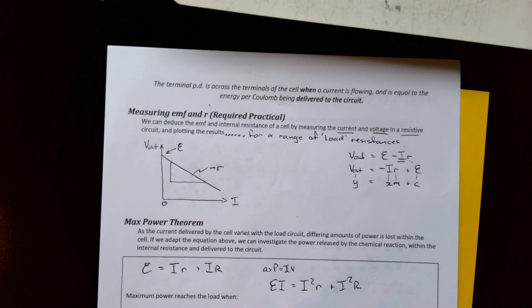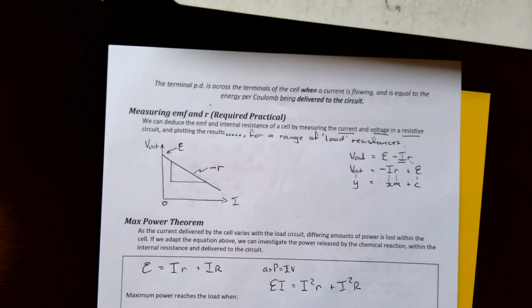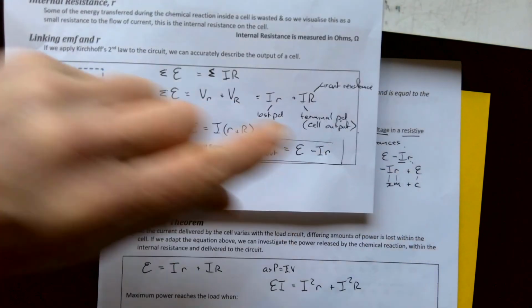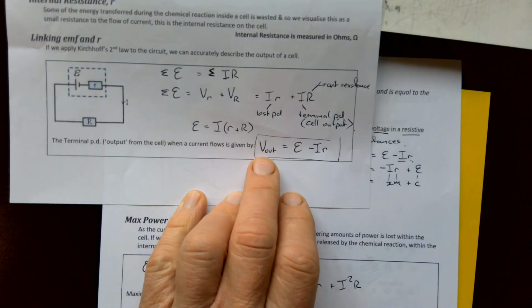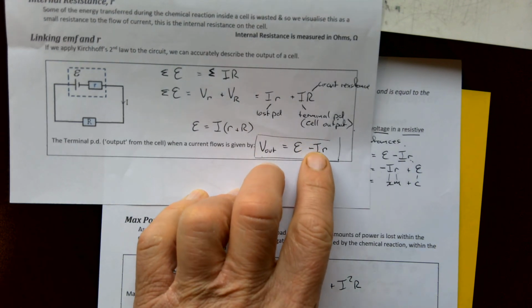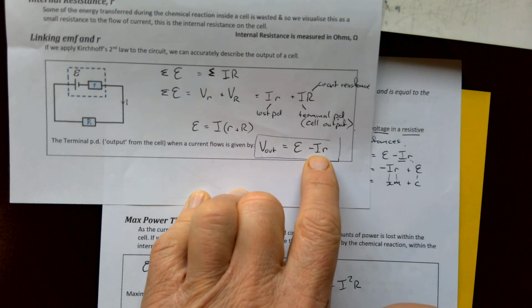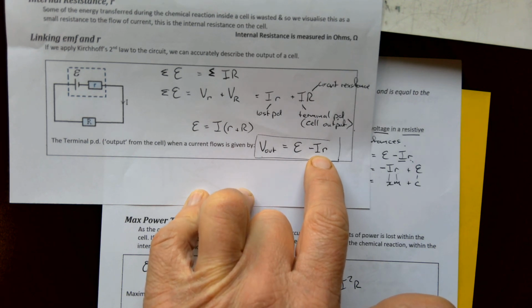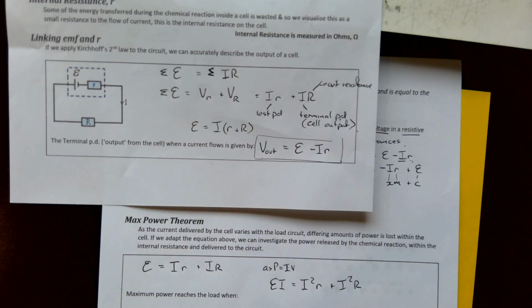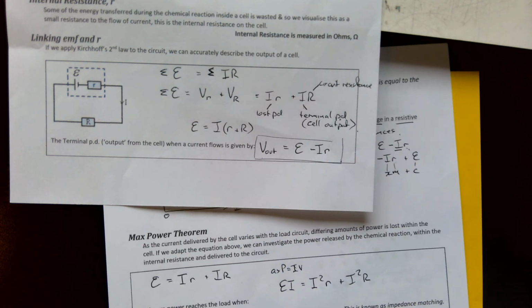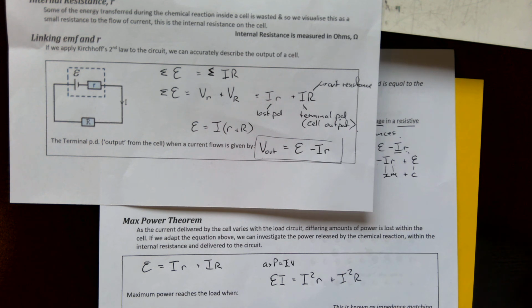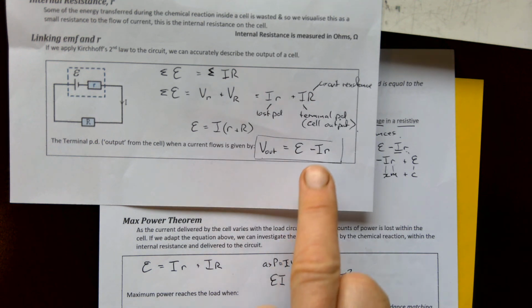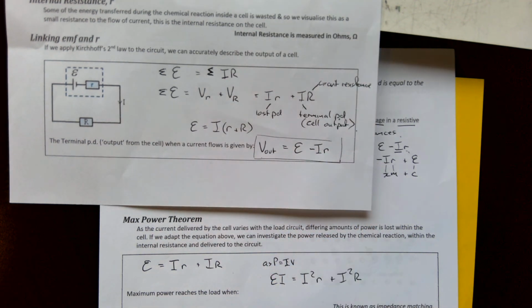So again, think of it as voltage loss. And that's really powerful. The more voltage lost inside the cell, the less goes to the circuit, so the more energy you lose in the process. So really, really common question, often the last bit as a description: what happens when you have internal resistance? It just means there's less current delivered, therefore less power delivered, therefore you've lost energy on the way.